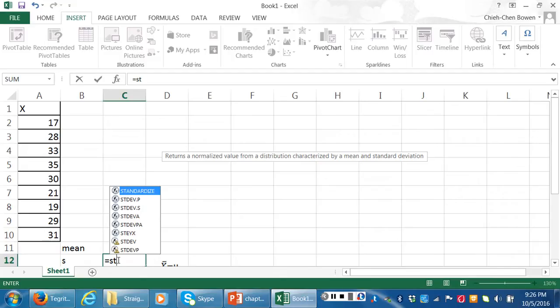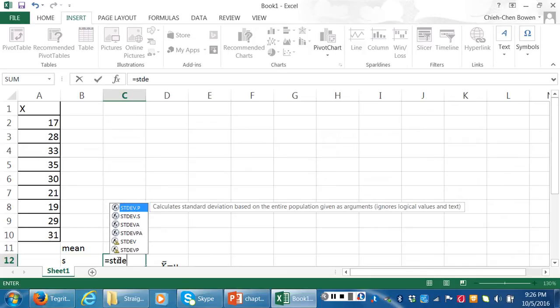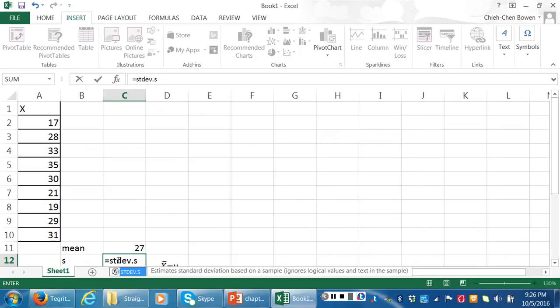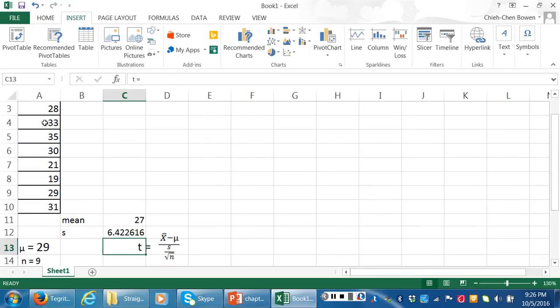The standard deviation for a sample is simply STDEV.S, where S stands for sample. So that's the function, and here are the 9 numbers you want to calculate the standard deviation for. Hit enter.